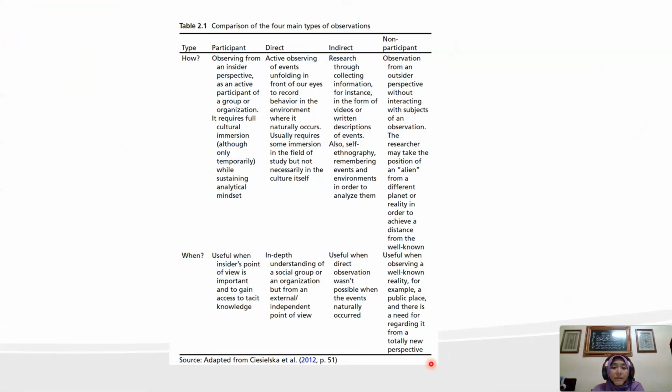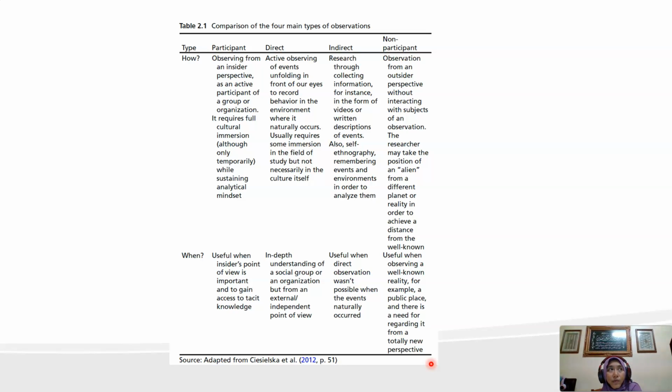So this is the comparison of the four main types of observations that I got from papers. You can see the differences between participant and non-participant, and direct or indirect contact, and when to use each. For example, use participant when the insider's point of view is important.